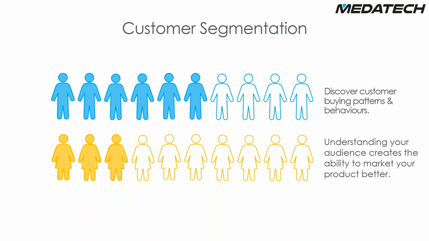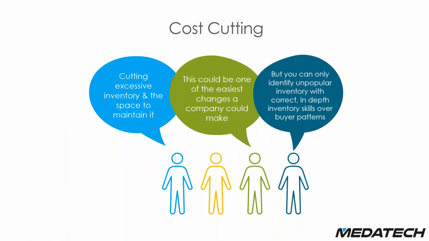This means we can use this data to understand our customers, use BI data to focus marketing activity based on customer habits, monitor how new designs, new pricing, and new strategies affect your customer base, and use this to plan ahead. One of the simple changes we can make is in optimizing the parts that we stock, optimize the space. With BI it's very easy to identify unpopular, slow-moving inventory and filter it out of your business.